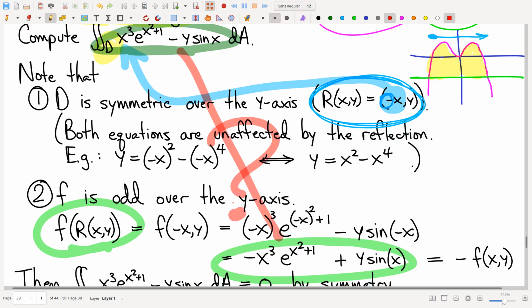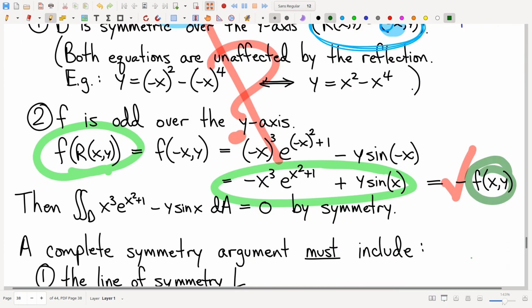I'll just take it term by term, and yep, sure enough, they are negatives of each other. And so the value at the reflection is the negative of the value at the original point. So our function is odd, game over. This integral is 0 by symmetry.